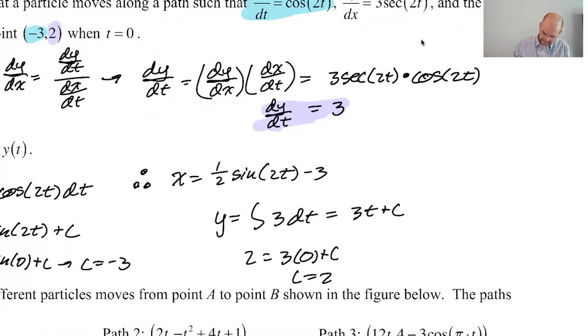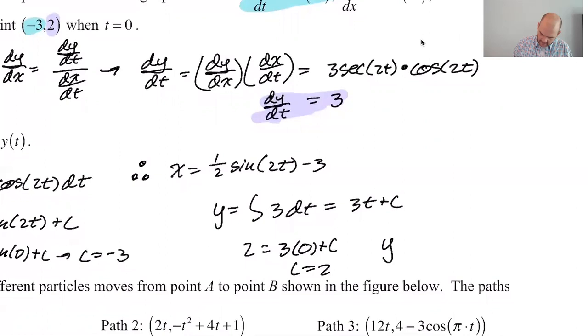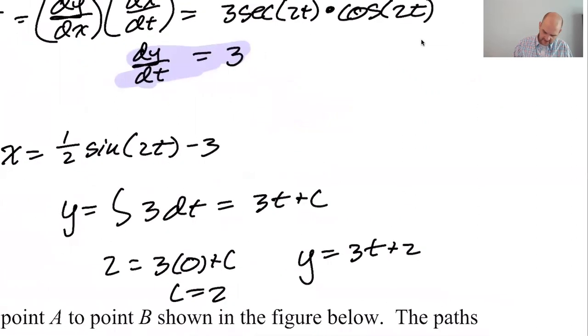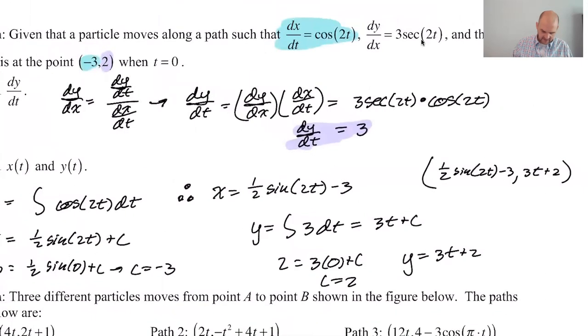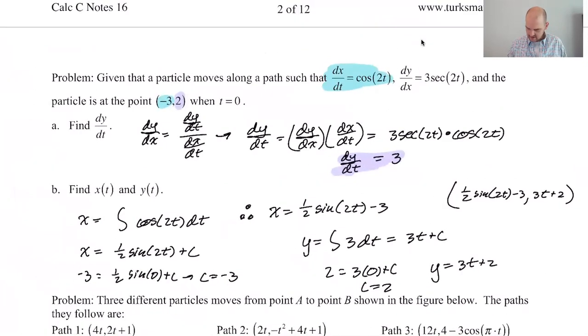C is 2. So y of t is going to be 3t plus 2. And so the parametric equations, I would write (1/2 sine of 2t minus 3, 3t plus 2). I believe that is correct.